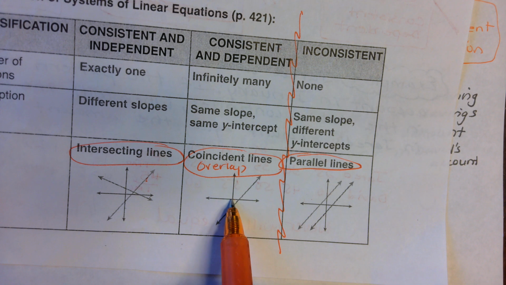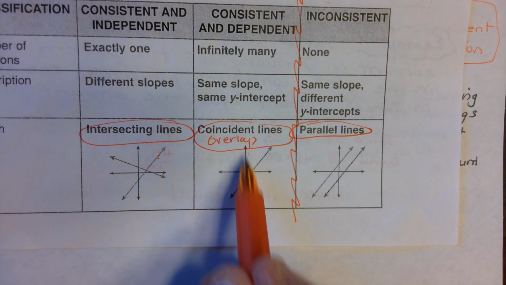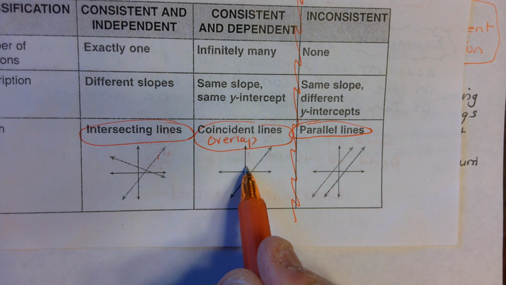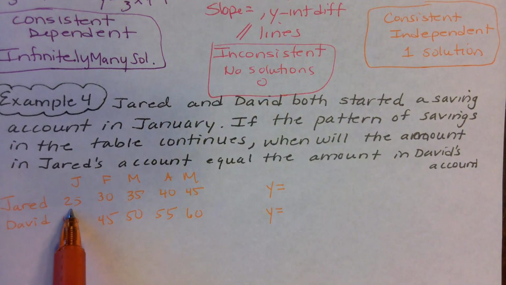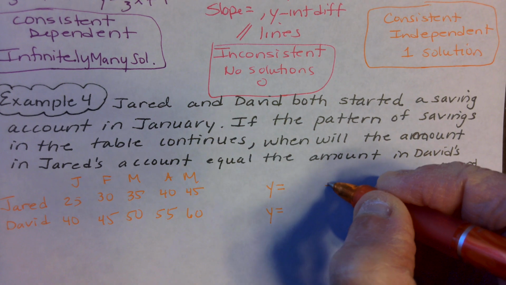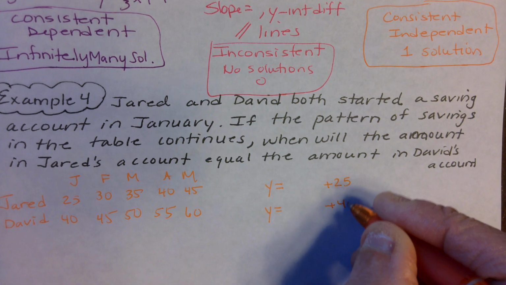So when you leave the y-intercept, how far do you go? That's how much money you're putting in there on day 1. Where on here are you starting? So in this case, we're starting at $25. So that's going to be my y-intercept. And in this case, he's starting with $40.